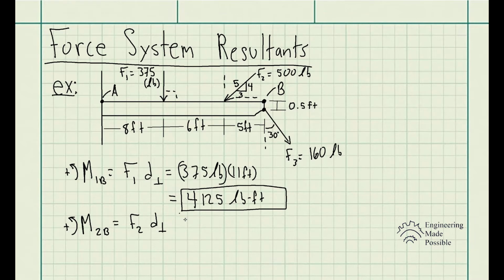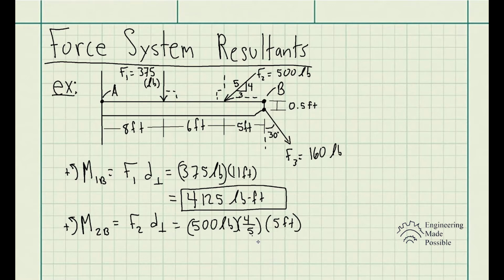So we're only going to be considering the Y component, and this will be perpendicular along the axis of point B here. So this would be the perpendicular distance with respect to that point. So it's going to be 500 pounds force times 4/5 because we're only considering the Y component of that force.